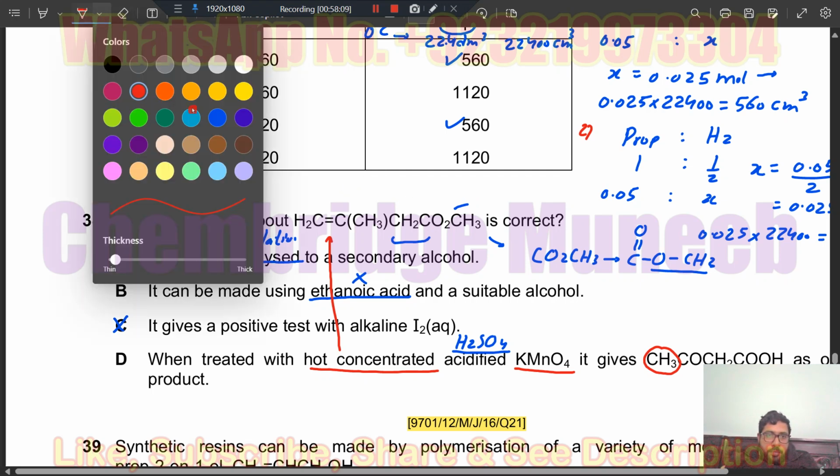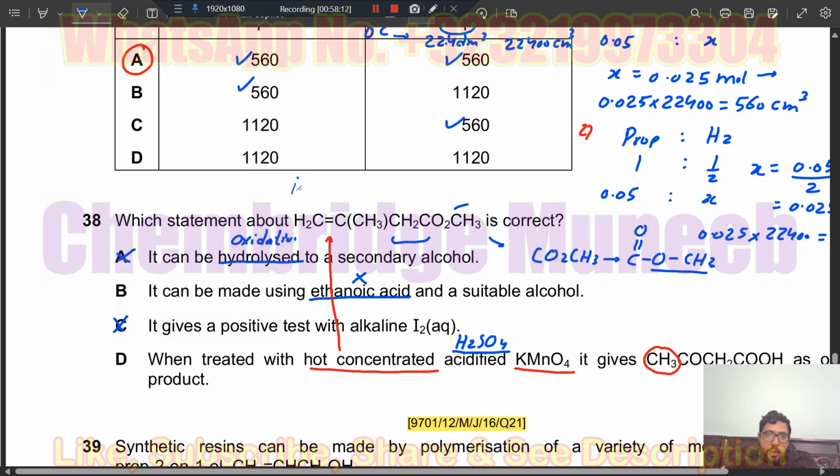I will write that this compound is like this one, H2C double bonded. Now this would break from here and there is a carbonyl group over here, and the right part should become oxygen double bonded with carbon like this, and it has CH3 over here, and then it continues with CH2, and then this part should be cleaved because of the presence of H2SO4. So first it will convert into alcohol, which will be converted into the carboxylic acid.